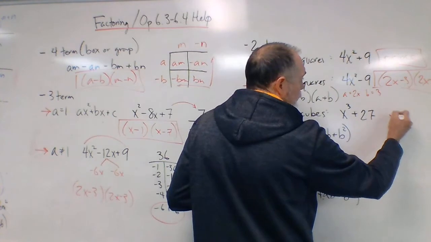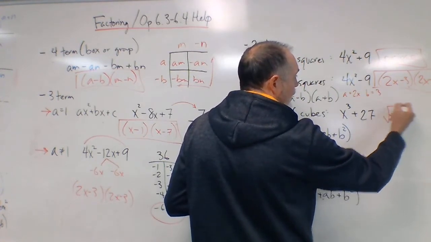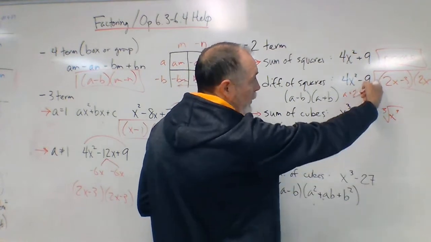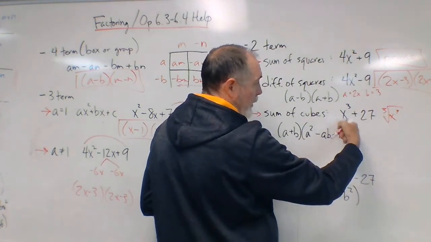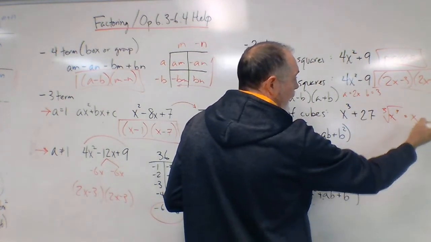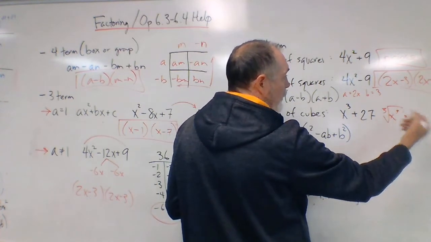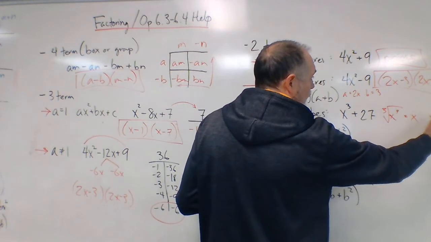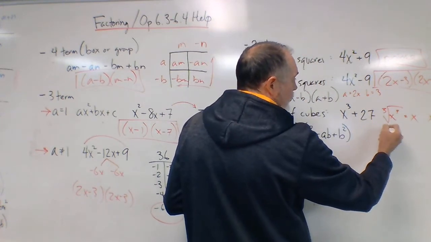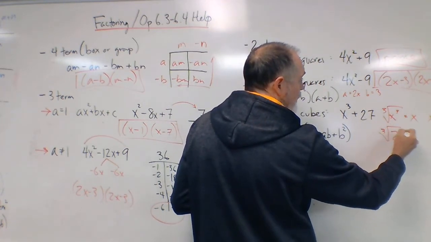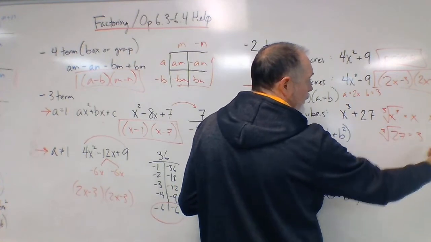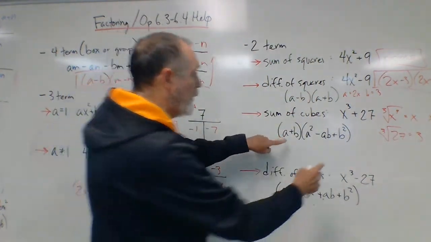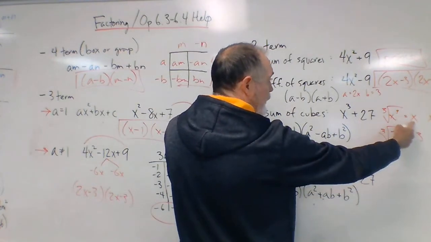So let's figure out then, if I take the cube root, let's find what the cube root of this is. Here we're finding the square root of it, but it's cubed. Okay, so that's going to be x. So it's the same thing as a. And of course, if I squared it, then I'd have x squared. Okay, the cube root of 27 is 3, and the square of that, of course, would be 9. I need both of those things. So let's look at the pattern. So this is a.